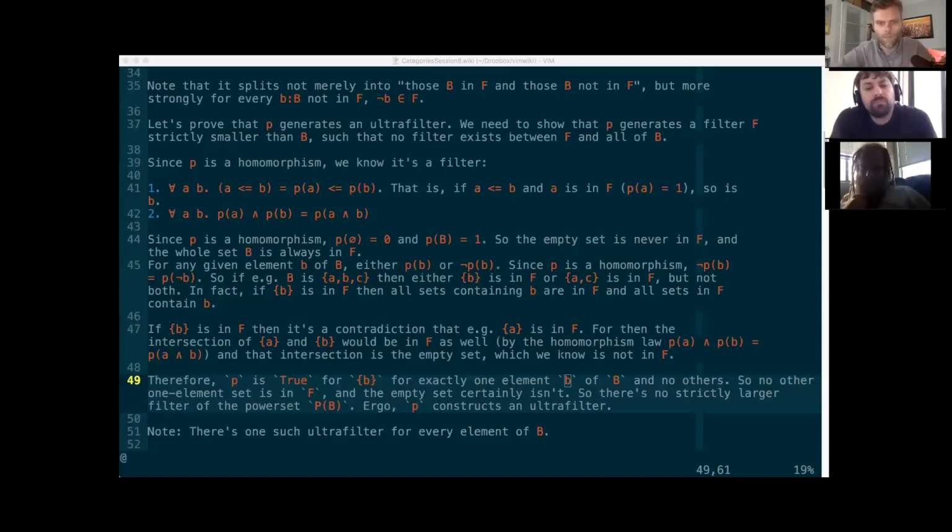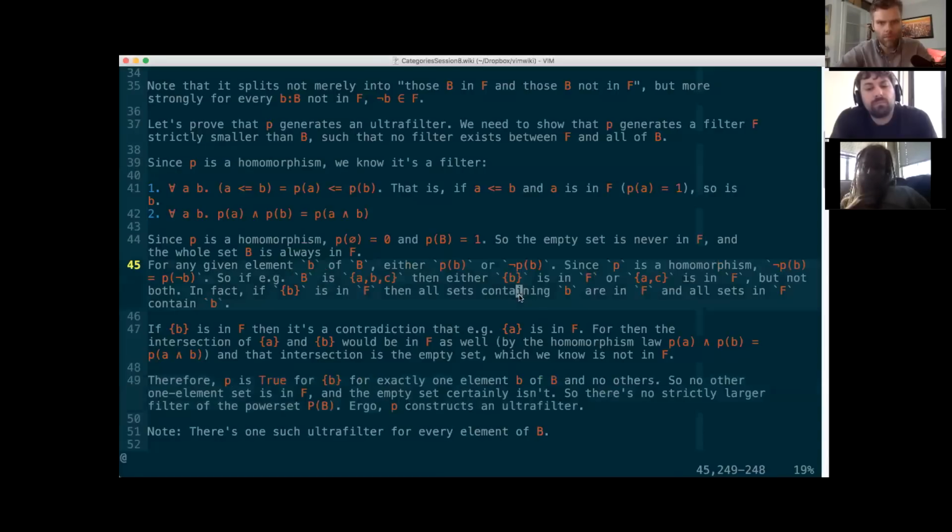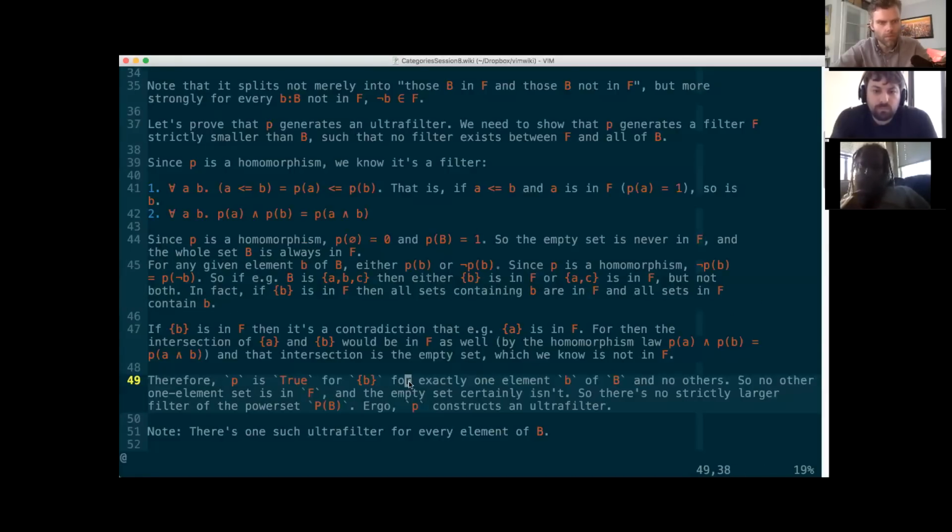So in line 51, there's one such ultrafilter for every element of B. If I have, say, a subset of B, so lowercase a and uppercase B, and they're not in the filter, then I could have an ultrafilter for that subset as well. I'm sorry, point to me again.